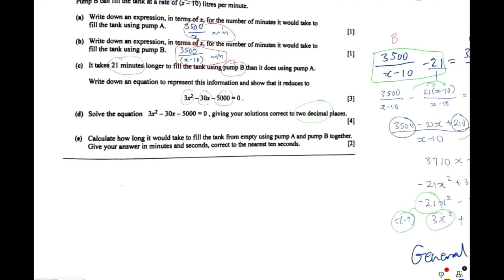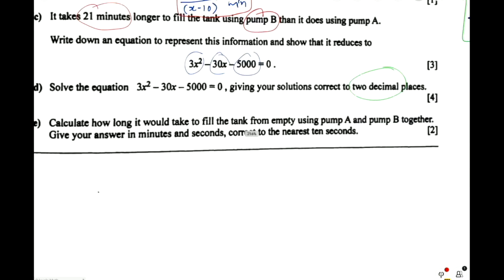Let's see. Pump A fills the tank at x liters, pump B at x minus 2. Okay, so we add them together.